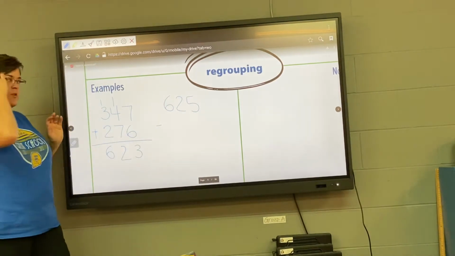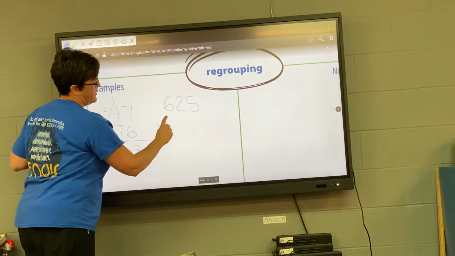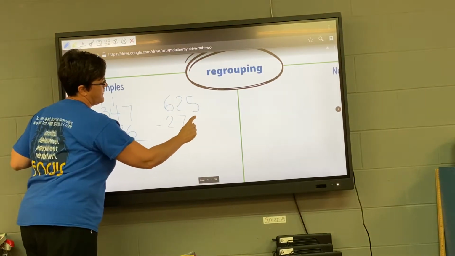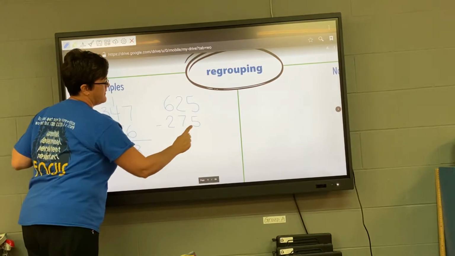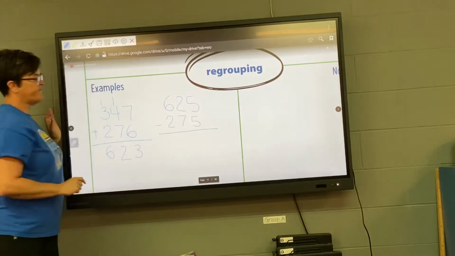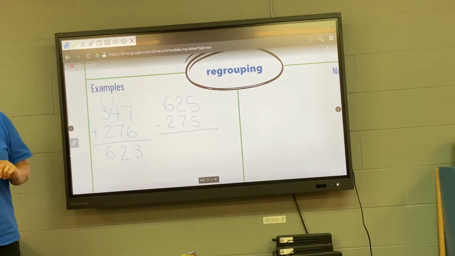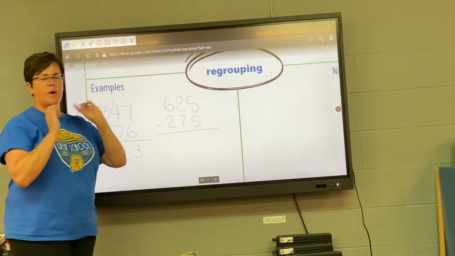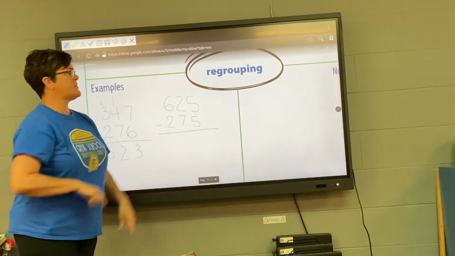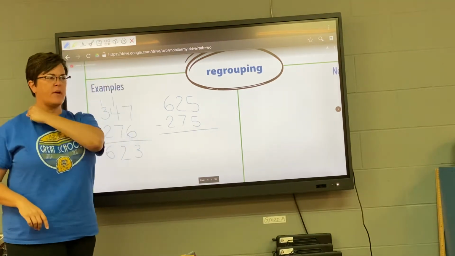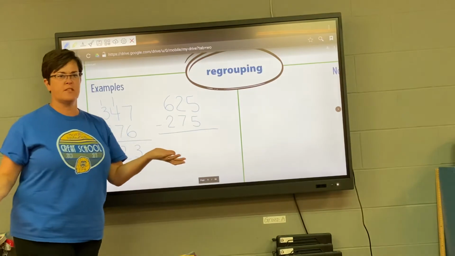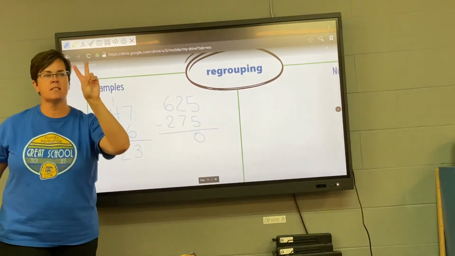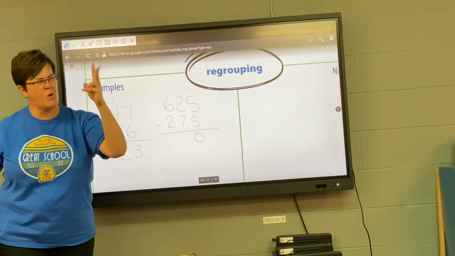And let's subtract 275. Standard algorithm, when we're adding or subtracting, start in the what place? In the ones place. If I have 5 ones and I take away 5 ones, how many ones do we have left? 0 ones.